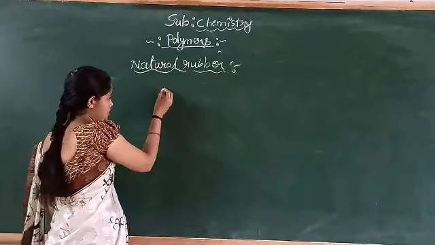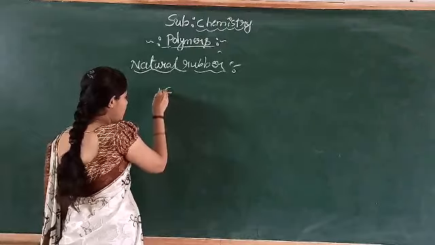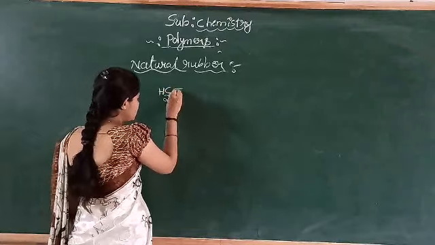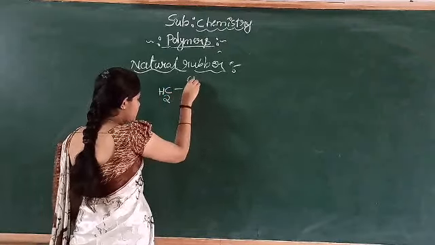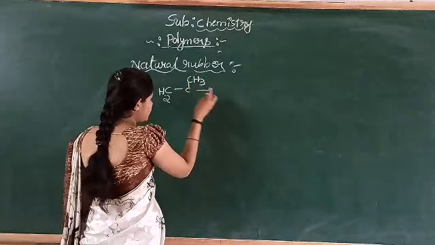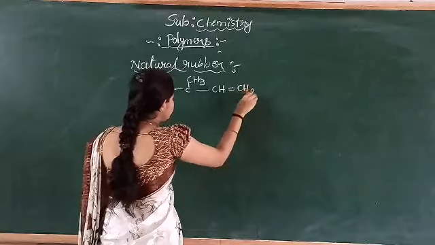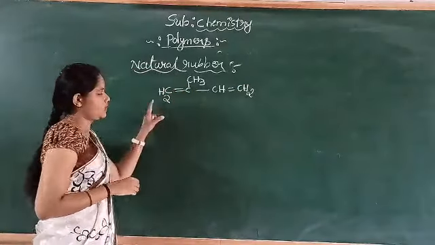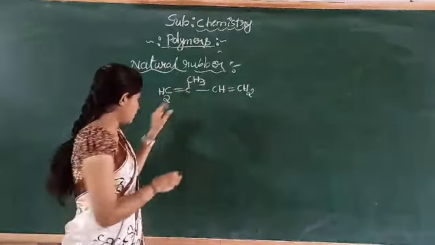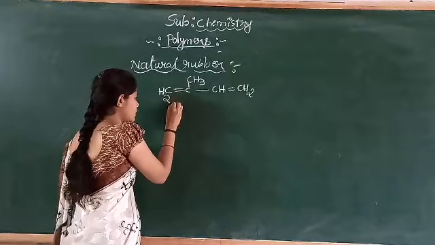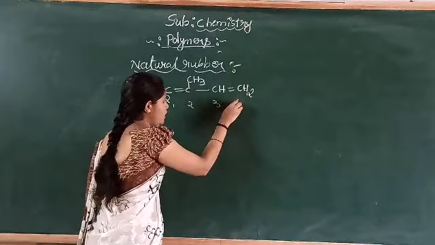That is cis-2-methyl 1,3-butadiene. CH2, here CH3, 2-methyl, 1,3, CH double bond CH2. This is 2-methyl. I will number the carbons as 1, 2, 3 and 4.